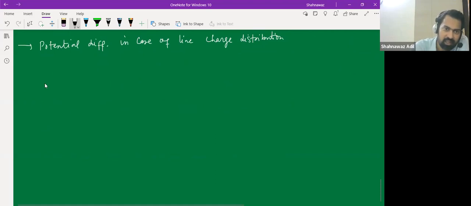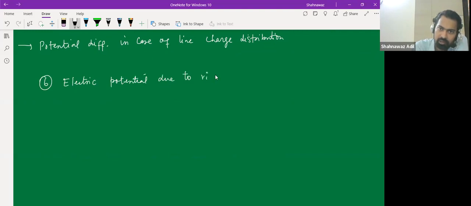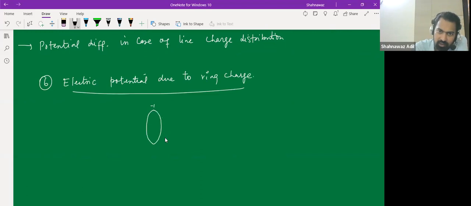And then lastly, we learned about the electric potential due to ring charge. We have this ring, right? And we calculated the electric potential due to the ring at this point.